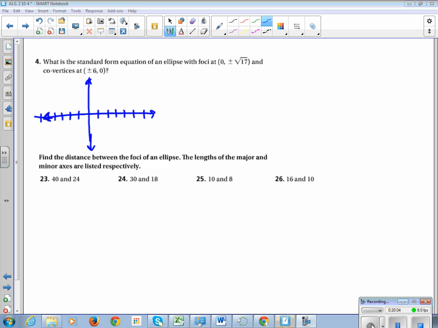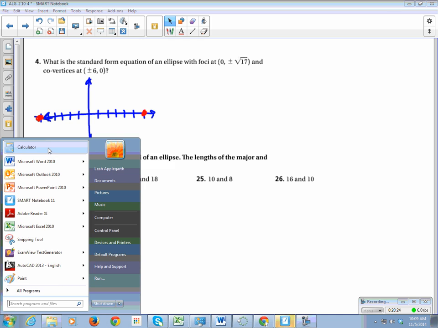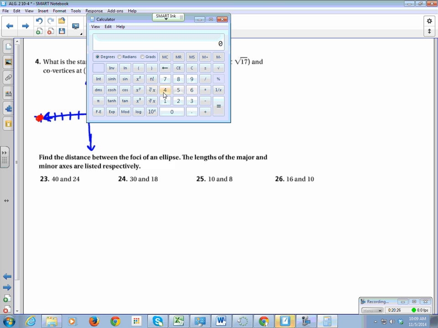So my co-vertices are at plus or minus 6. And my foci are at (0, plus or minus root 17). And unfortunately, I don't have the square root of 17 memorized, so let's find it really quick. 4.1.